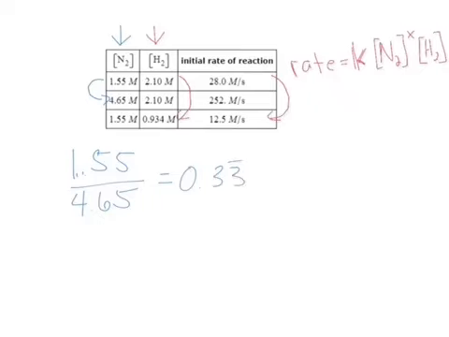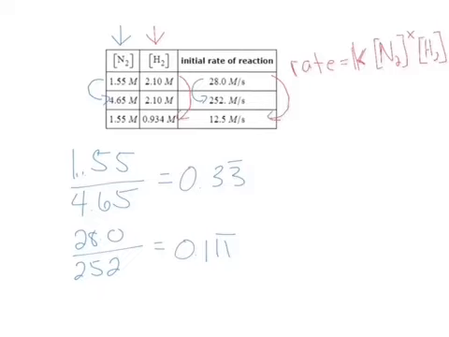Now let's take the rates once we change up the concentration of N2 and see how that's affected. So if we have 28, and set it up the same way, experiment 1 over experiment 2, 28 over 252, we get to 0.111, again repeating.